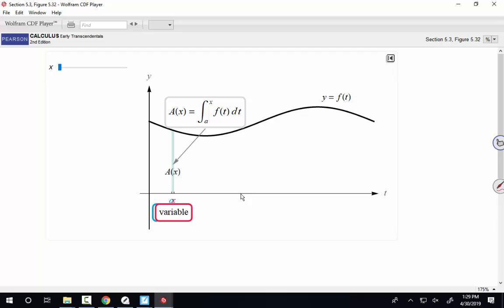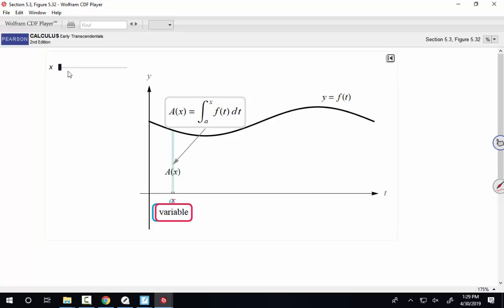And so to make sense of that, here we have our function f of t, or at least to get a visual sense of that. f of t from some interval a to b, and we're saying that the area function stopping at x is indicating the ending point of the accumulation of area.